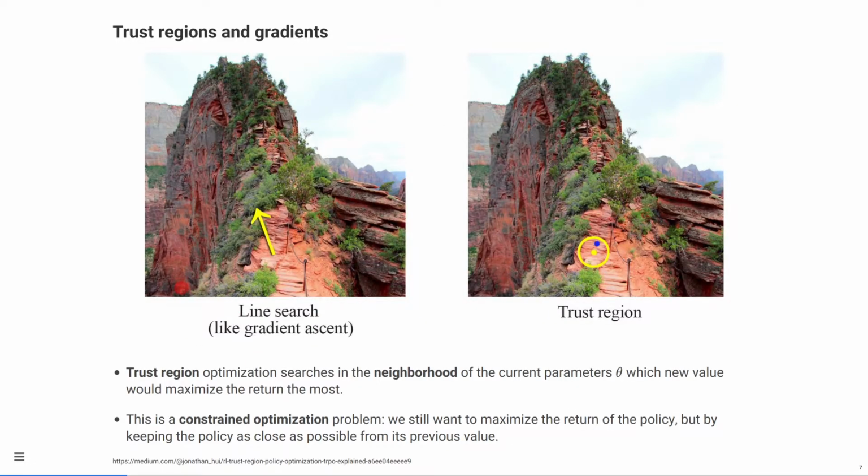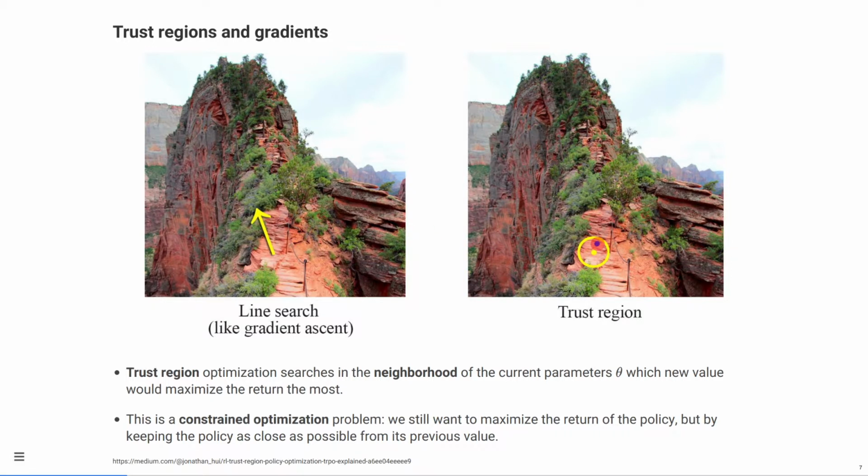What we actually intend to do is, when my parameters are at this location, the only information I have is a gradient of the objective function, saying the returns are higher in this region. And I'm not going to just take 1% of this gradient, so proportionally to the learning rate. I'm going to search in a region around my current parameters. So I don't want to take too big of a step.